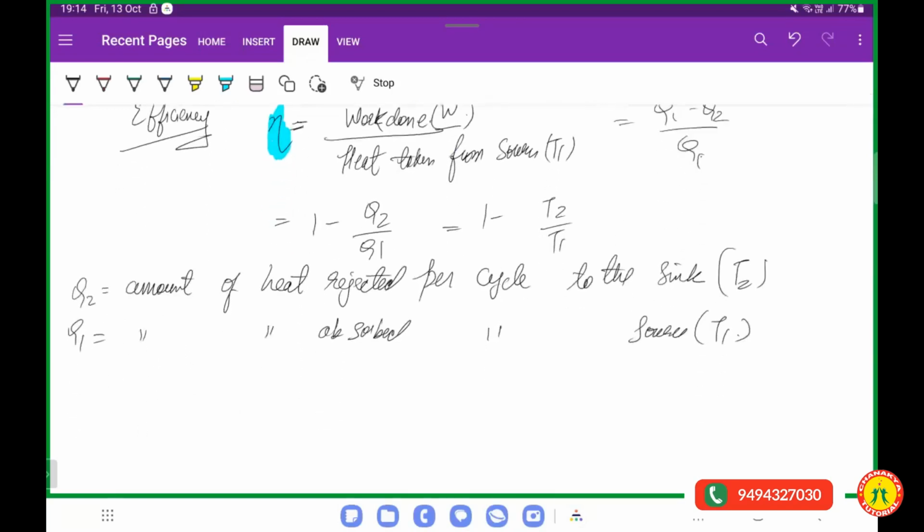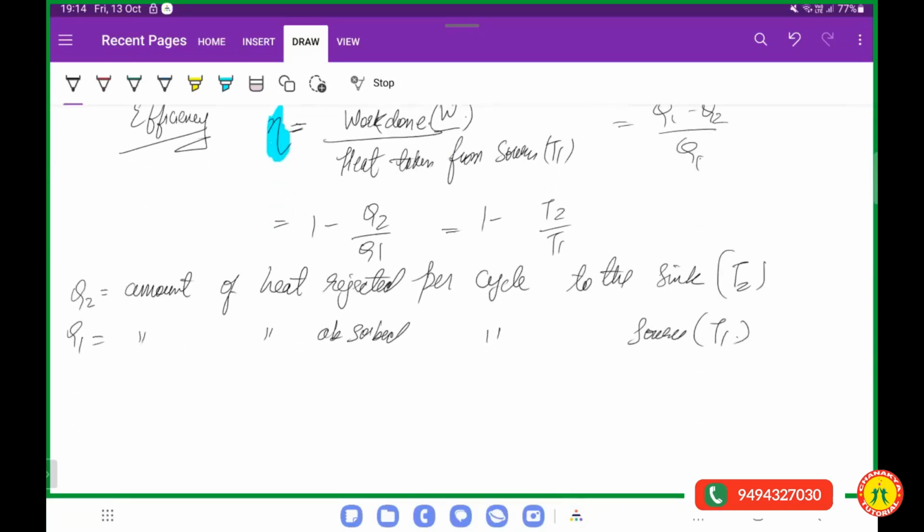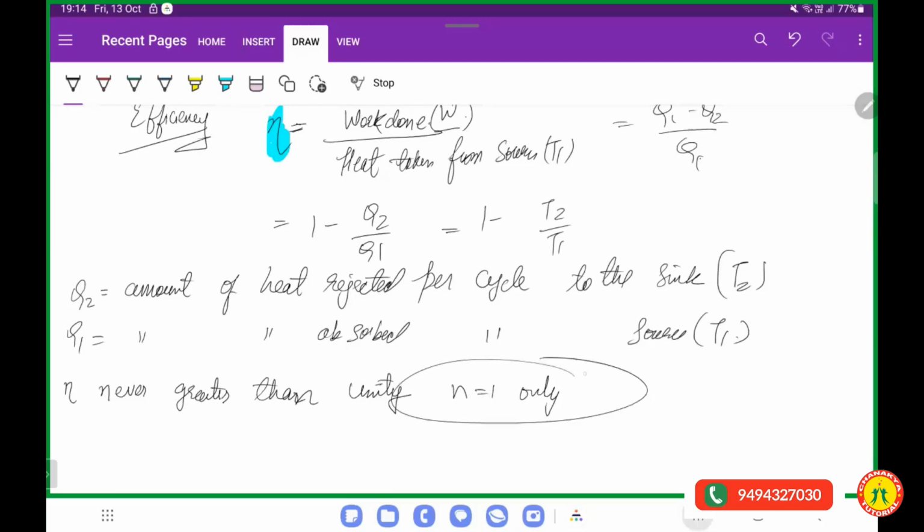So what is my next point here? Efficiency is never greater than unity. Unity means 1. It can be 1 only in the ideal case, 100%, only for the Carnot cycle.